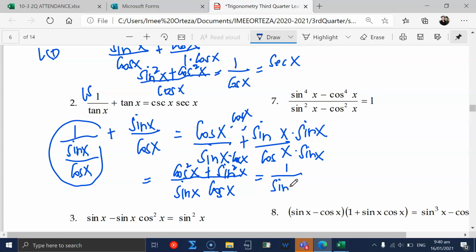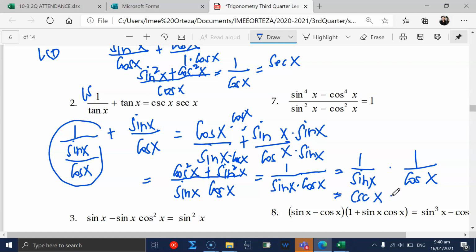So sine x times cosine x. Now, we can separate this as 1 over sine x times 1 over cosine x by the rule on multiplication of fractions. Now, notice that these are reciprocal identities of cosecant x times secant x, which shows the right side. And so, number 2 is also an identity.